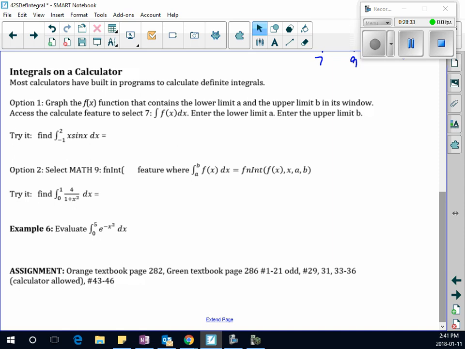Some of you will not have that, so you'll have to do it a different way. So option 1 is to graph the function, with the lower limit a and the upper limit b in its window, and access feature 7 and enter the lower limit and the upper limit. Okay, so let's try this.